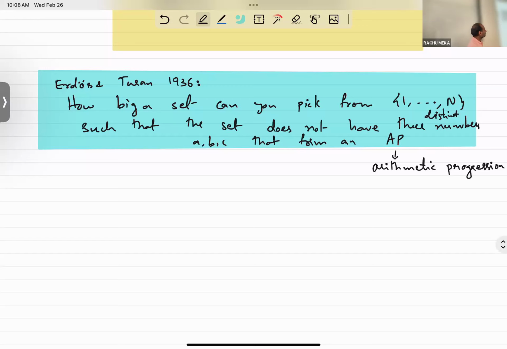And arithmetic progression just means that I have three numbers A, B, C such that B minus A equals C minus B, or equivalently, A plus C equals 2B. Obviously, if I take all three numbers to be the same, it is satisfied, but you want three distinct numbers, a non-trivial 3AP.